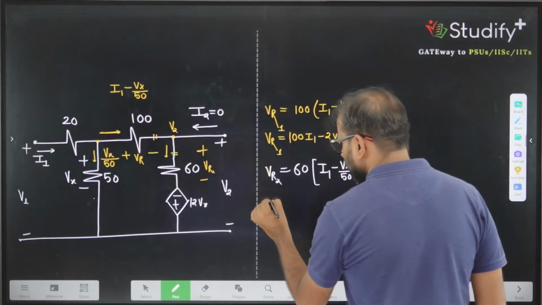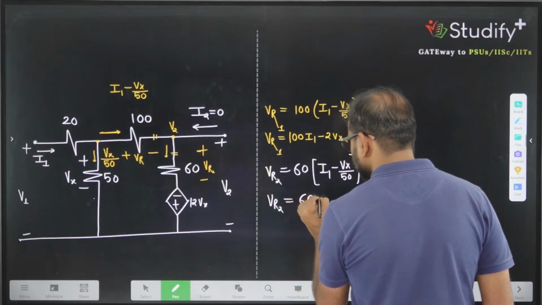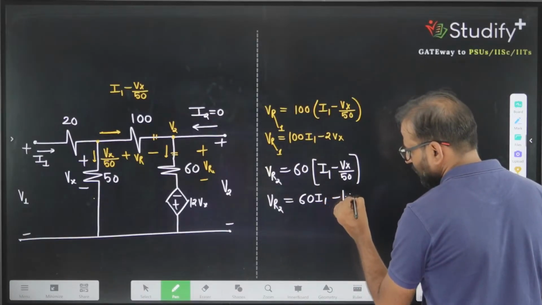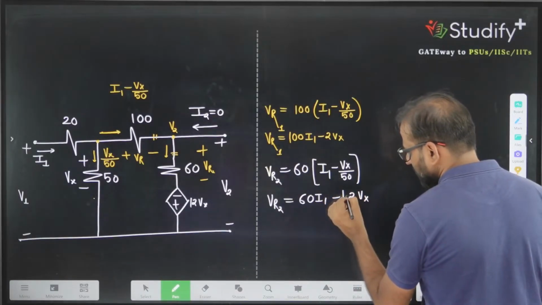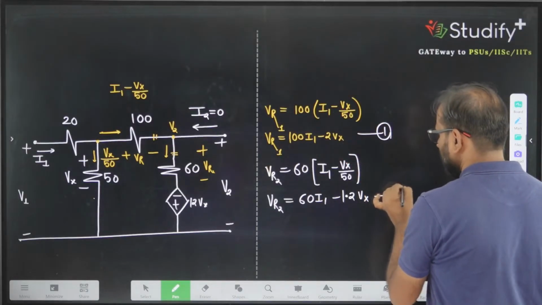And you can say the value of VR2 equals 60 I1 minus 1.2 Vx. So let me call this equation number 1 and this equation number 2.